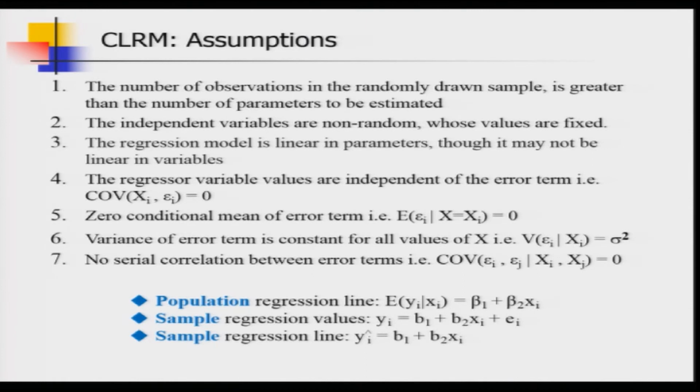The third assumption says that the regression model is linear in parameters, though it may not be linear in variables. What do we mean by that? If there is non-linearity between two variables y and x, the same linear regression technique is well equipped to capture the non-linearity in the model.